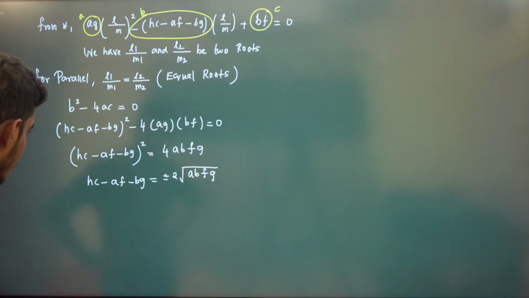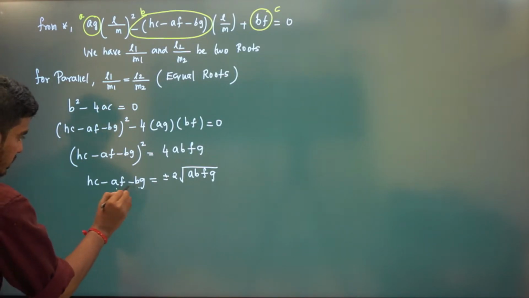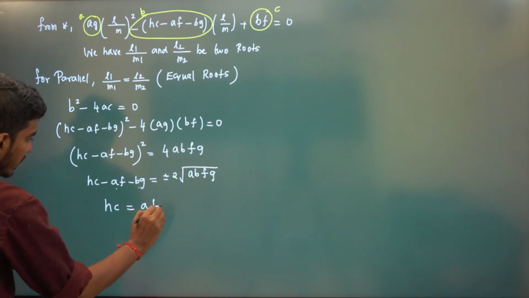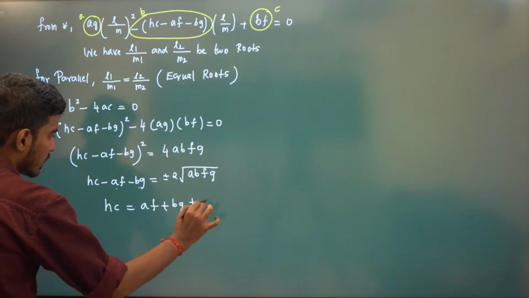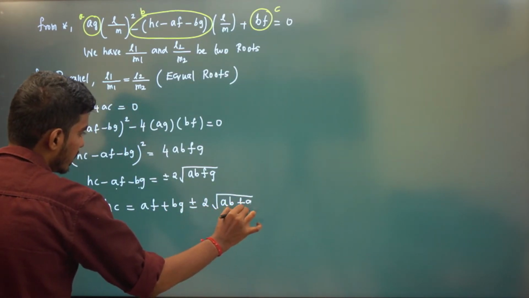So we will have hc minus af minus bg. Let us take these two terms to that side. We will have hc is equal to af plus bg plus or minus 2 times root of abfg, right?